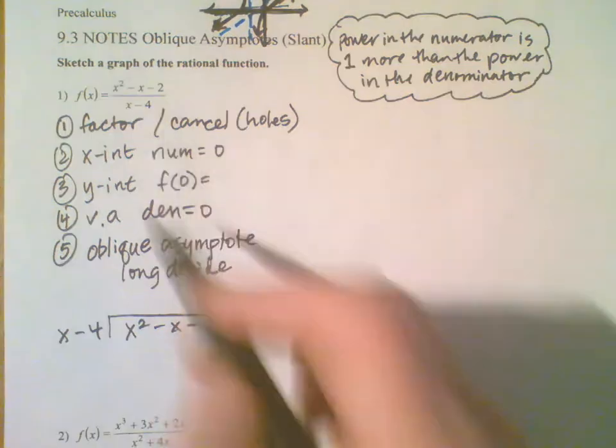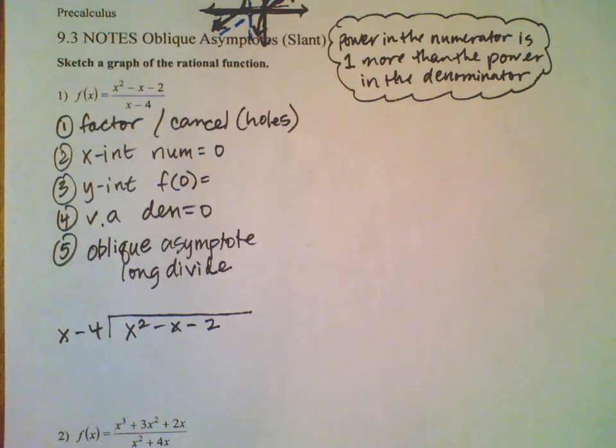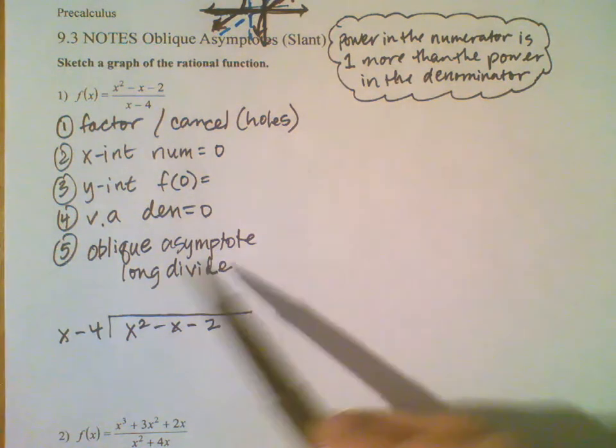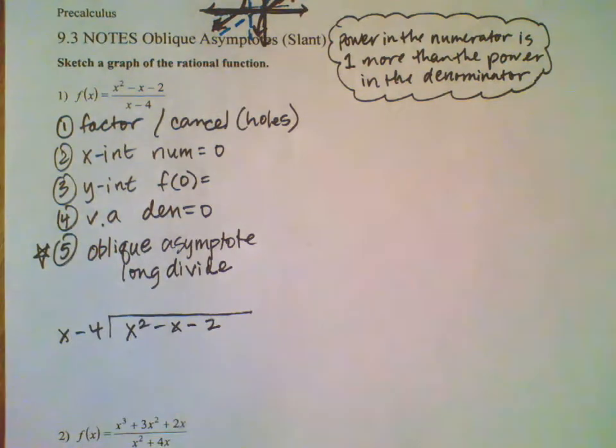I just want to go through and do the rest of the problem, find all of those other things, just to remind you it's the same. The process only changes down here when we get to that last step.